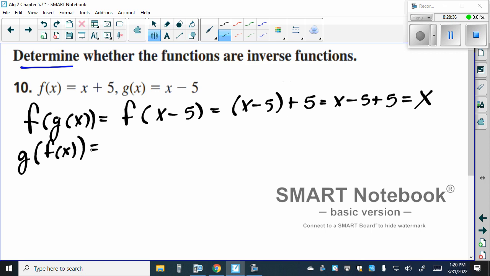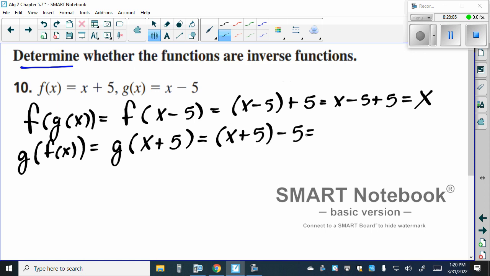That for some reason they didn't find one that only worked in one case, not both. So g of f of x. Now our f of x this time is x plus 5. So our f of x was x plus 5, so we replaced it. Now we'll plug that into g of x, which will tell us that we have x plus 5 minus 5.